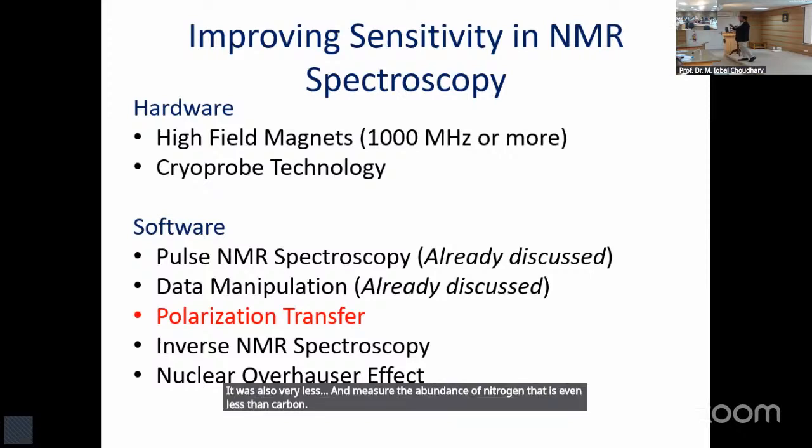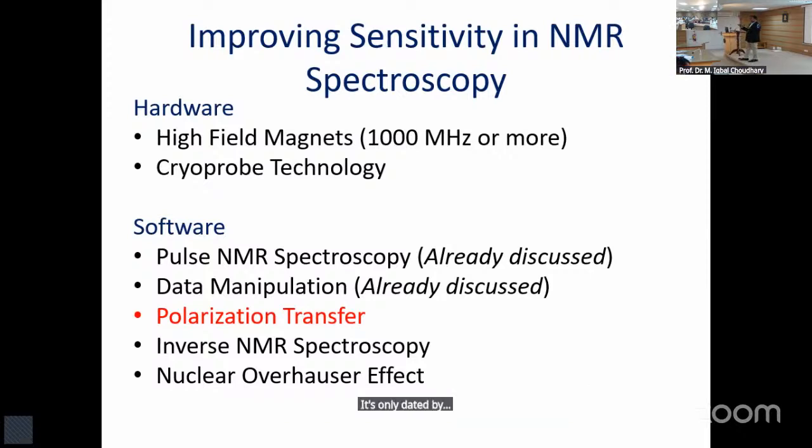It's only 0.36 percent. So how would you transfer the polarization from more sensitive nuclei to less sensitive nuclei?